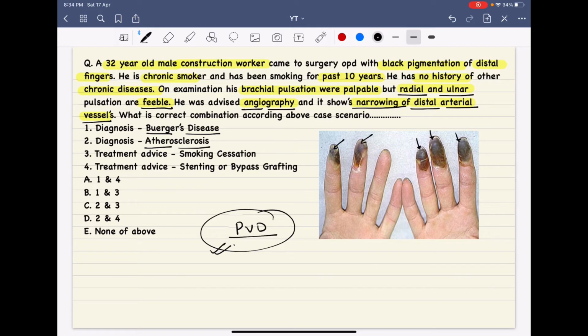Now one hint comes from this age group, 32-year-old male. Atherosclerosis usually happens after the 5th decade of life, greater than or equal to the 5th decade of life. But Buerger's happens between the 3rd to 4th decade of life.